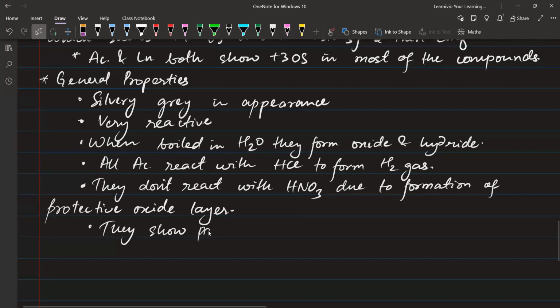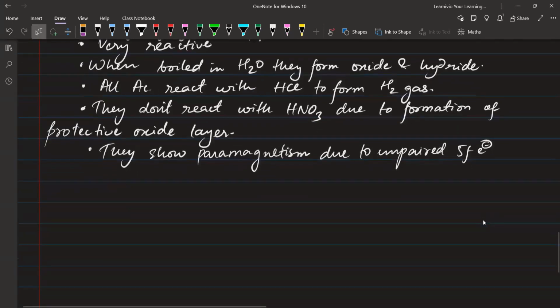Okay, they show paramagnetism due to unpaired 5f electrons. लास्ट में लिखेगा आयोनाइजेशन एनर्जी ऑफ लैंथेनाइड्स, actinides.